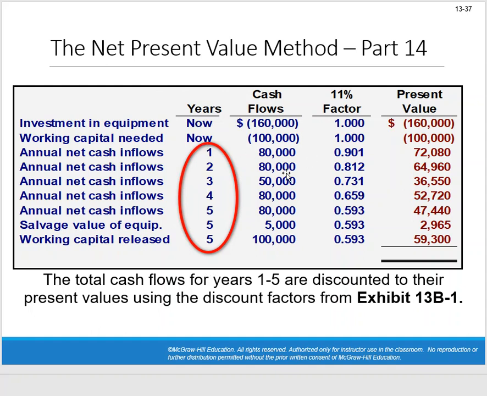So the 80,000 happens every year, but they're netting together what happens. So in year 3, for example, there's the 80,000 inflow, but then we had to pay out 30,000, I think, to reline the equipment. So they're just looking at what happens year by year rather than looking at what each of the items was. So ultimately, it should come out the same way.